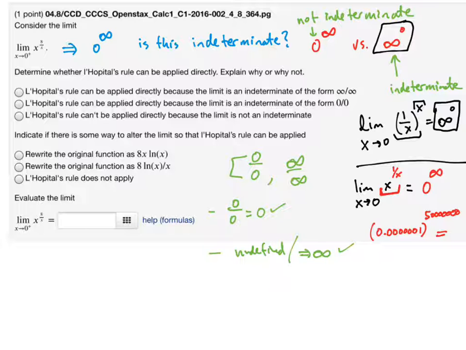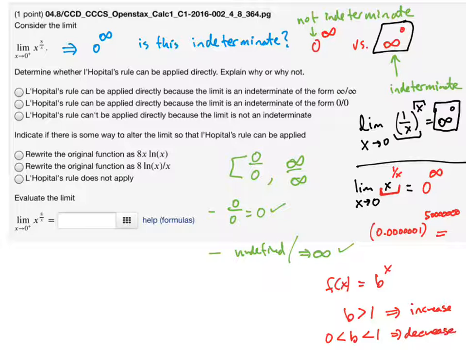So think back to exponential functions. If I have b to the x as my exponential function, if b is greater than 1, then this is increasing. If b is between 0 and 1, it's decreasing, right?